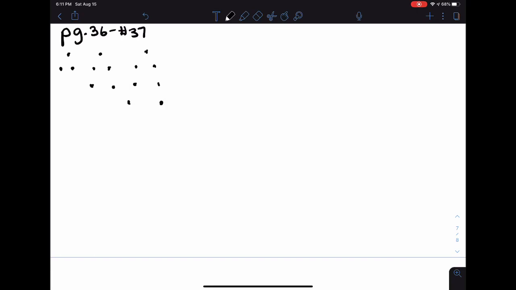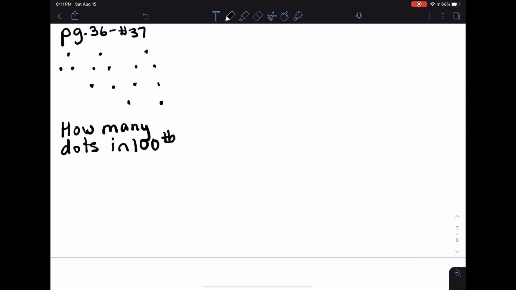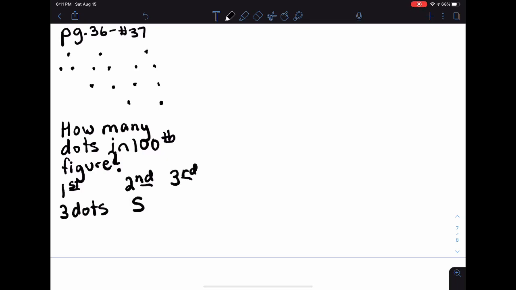And it says, how many dots in the 100th figure? Often with problems like this, you're looking for a pattern with positions and how many items are in each. So the first figure has 3 dots. Second figure, 5 dots. Third figure, 7 dots.